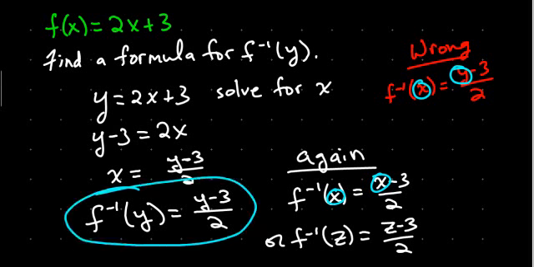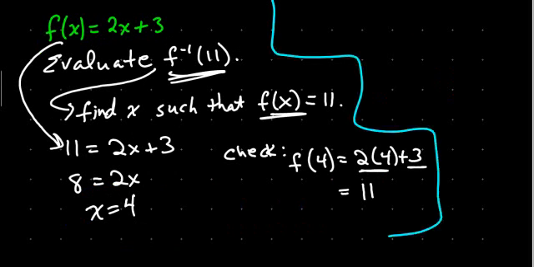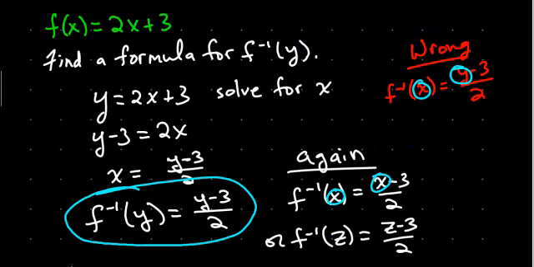Okay, so we have our inverse function here, f inverse of y equals y minus 3 over 2. Now let's go back to that first problem. So we have f inverse of y equals, what was it? y minus 3 over 2.